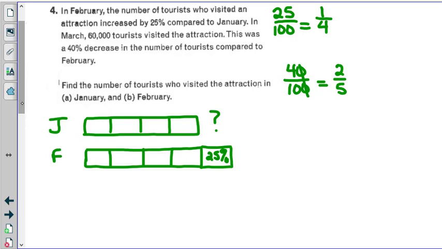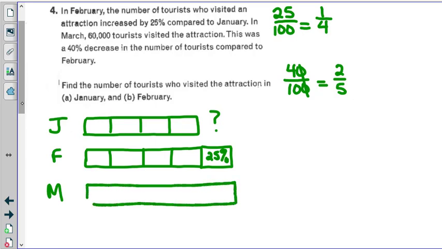February has 5 parts to it. So if I draw March as long as February and cut it into those same 5 parts, 60%, so a 40%, 2 of the fifths is the 40% decrease.